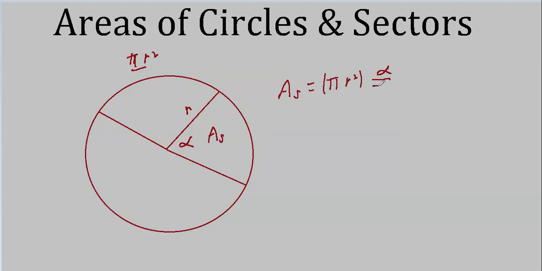Alpha over 360. That's exactly what fraction of the circle you have here. So if alpha were, say, 36 degrees, then you'd have 1/10 of the circle, and this would be pi r squared over 10. See, it's very simple, very much like arc length. So let's work some problems and see how easy this really is.